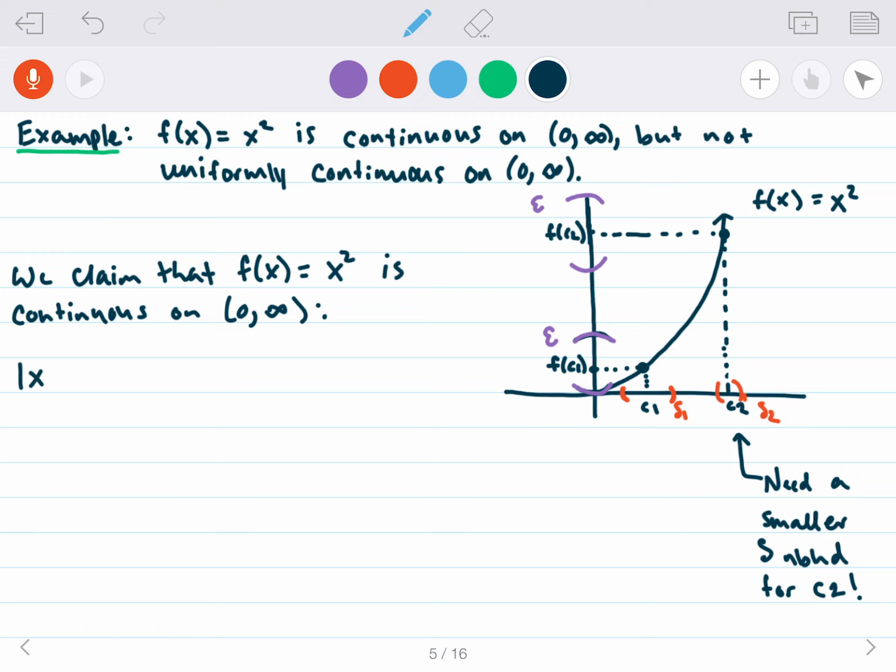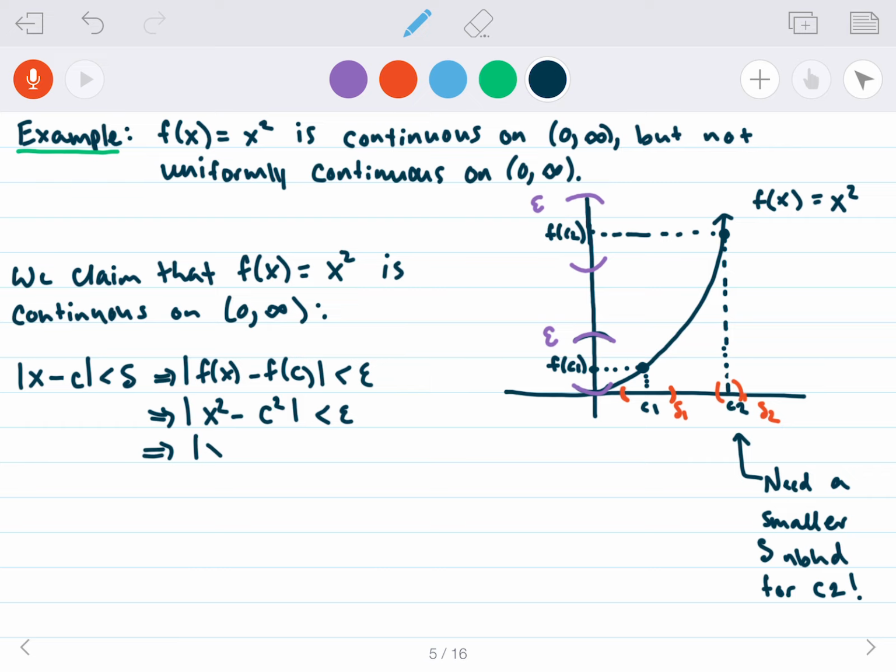We want to show that absolute value of x minus c less than delta is going to imply that absolute value of f of x minus f of c is going to be less than epsilon. So doing some scratch work here, we have f of x is x squared, f of c is c squared. Want that to be less than epsilon.